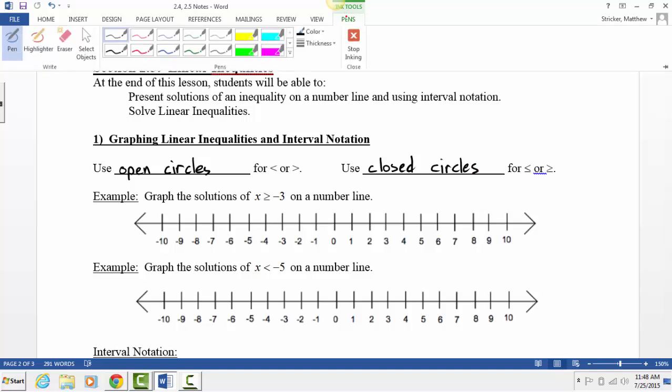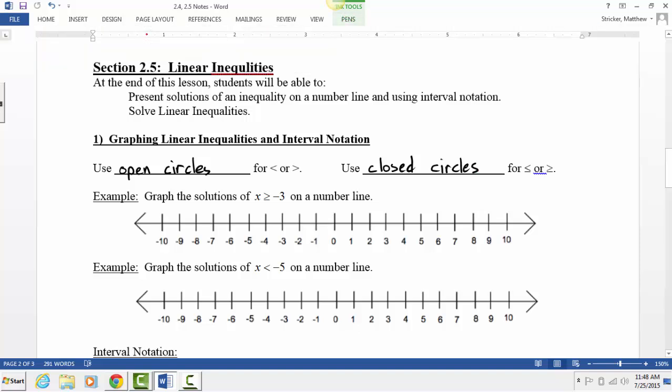For example, if I wanted to graph x is greater than or equal to -3 on a number line, the first thing I would do is find -3. And notice, since this is a greater than or equal to, I'm going to use a closed circle there.